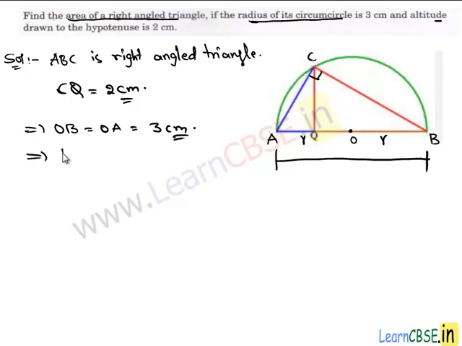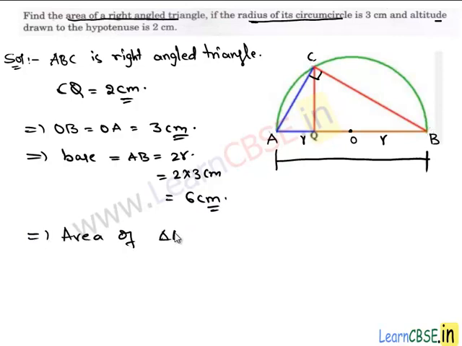Therefore, base of triangle ABC, which is hypotenuse, is equal to 2 times radius, which is diameter. It is equal to 6 centimeters. And the area of right angle triangle is equal to half of base into height, that is AB into CQ.